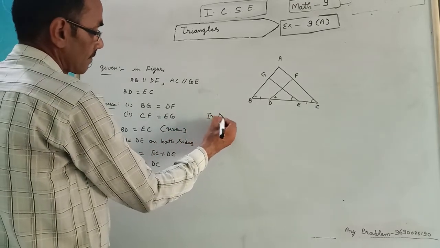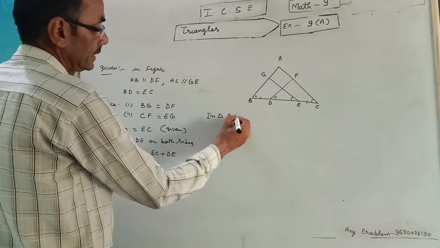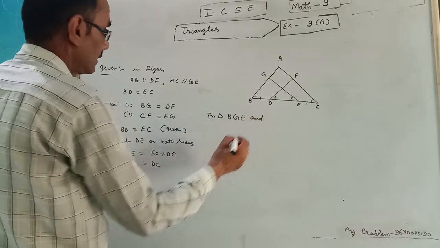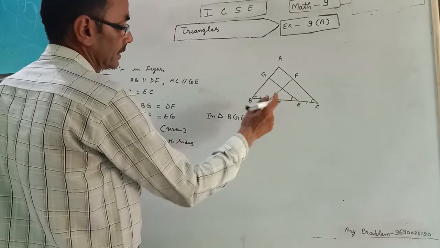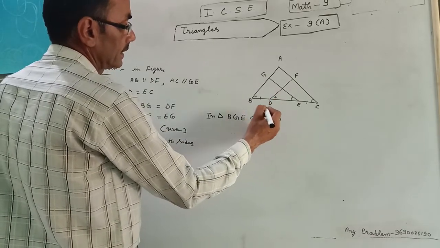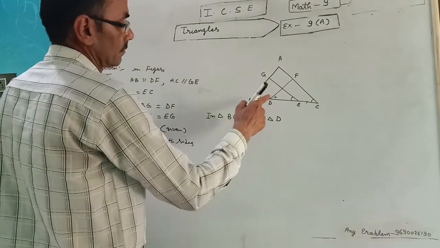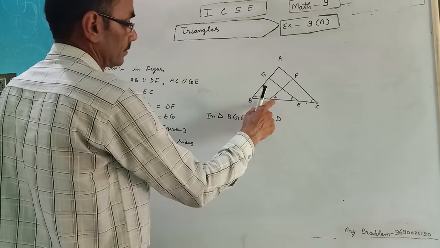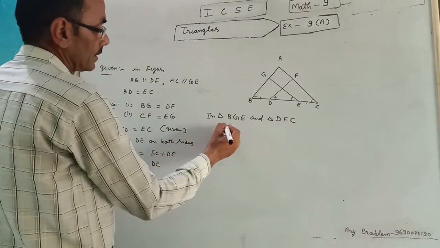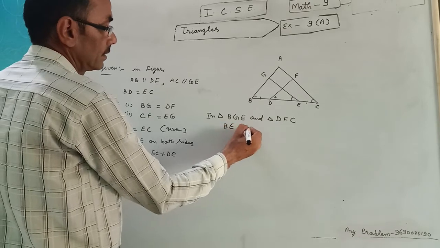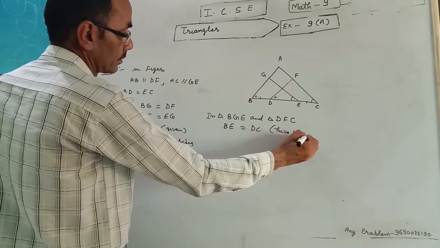In triangle BGE and triangle DFC, BE equal to DC, we have proved.